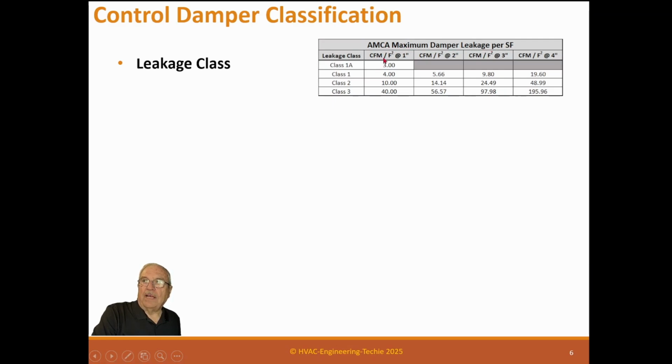So if you have a Class 1A, which is CFM per square foot at 1 inch of duct pressure, it'd be 3. So the maximum damper leakage would be 3 CFM per square foot of damper at 1 inch. If you have Class 1 and it's at 2 inch, it's 5.66. If it's 4 inch pressure, it's 19.6 CFM per square foot of damper.